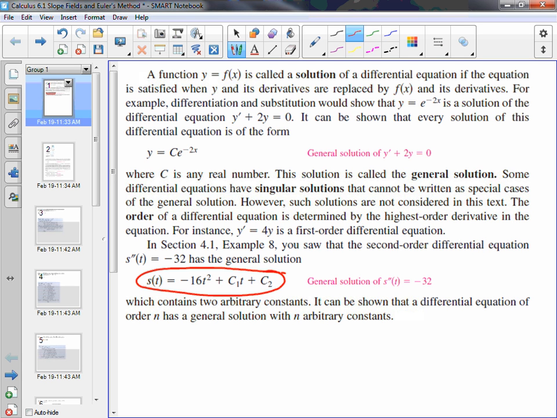It can be shown that a differential equation of order n has a general solution with n arbitrary constants. So a third order differential equation would have three c's. If it was a seventh order differential equation, you'd have seven c's.